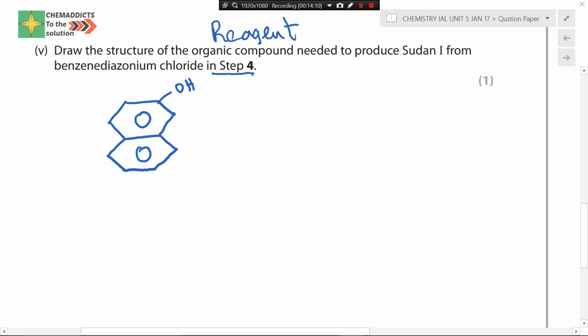There would be one hydroxyl group, don't forget to give the hydroxyl group over here. So this is a naphthol.